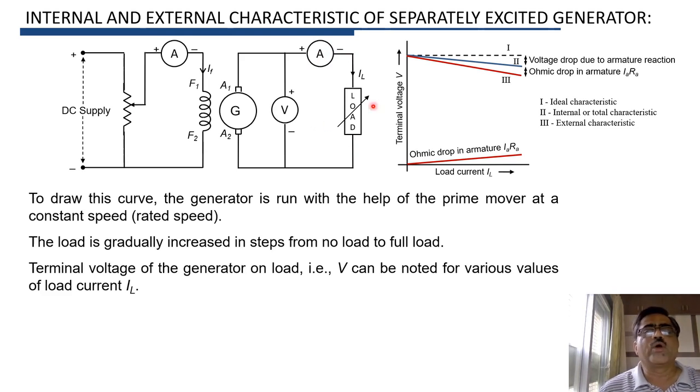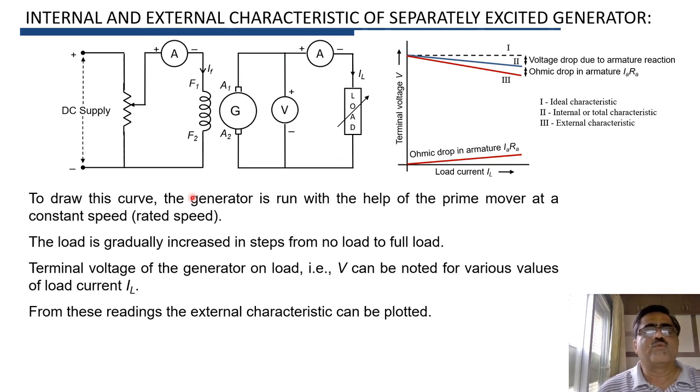For each load current IL, we can note down the corresponding value of terminal voltage V. Terminal voltage V can be recorded by a voltmeter which is connected in parallel with armature. From the readings of ammeter and voltmeter, that is from IL and V, we can plot the external characteristic.